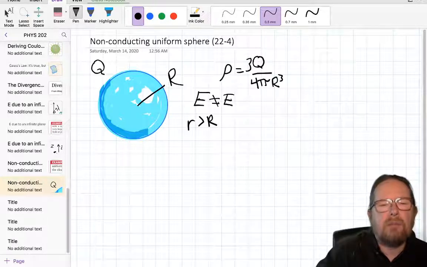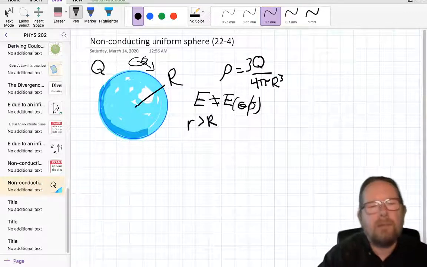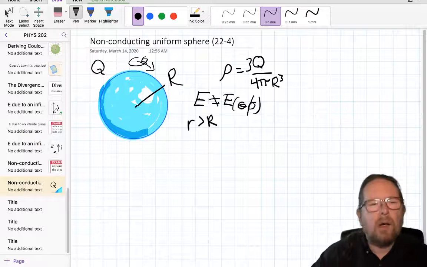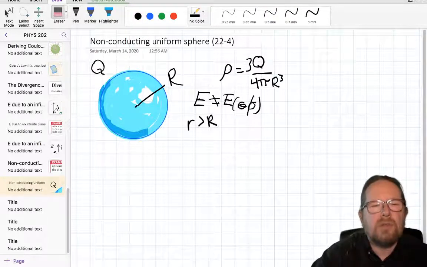Imagine ourselves in spherical coordinates, right? This is our origin. Theta is this angle down like this. Phi is this angle around like this. If I look at a sphere from different places as I change theta and phi, I know that the electric field can't change because of the symmetry of the situation.